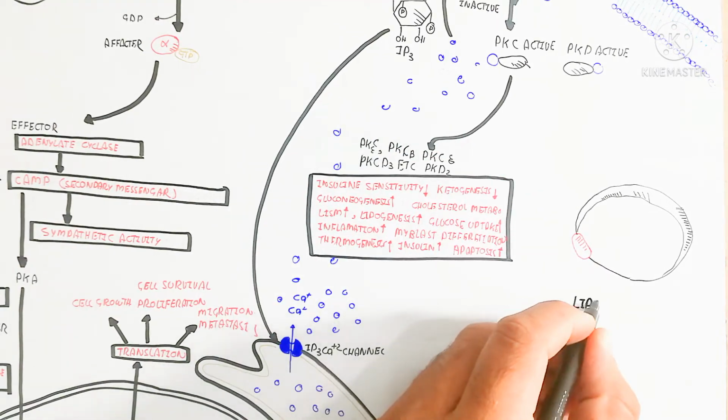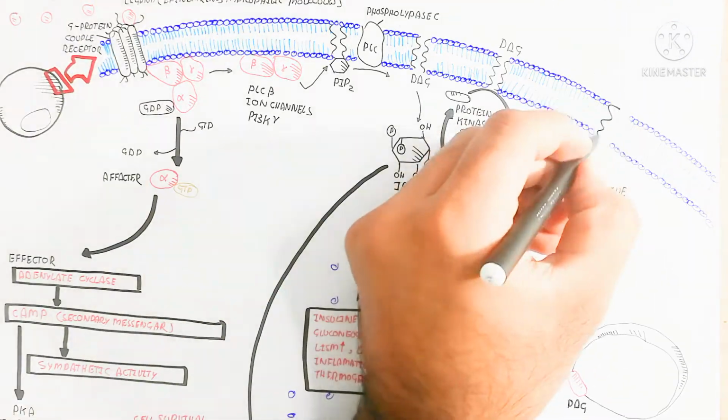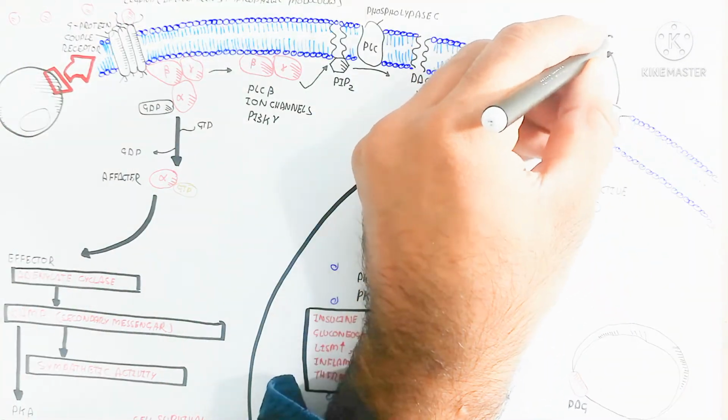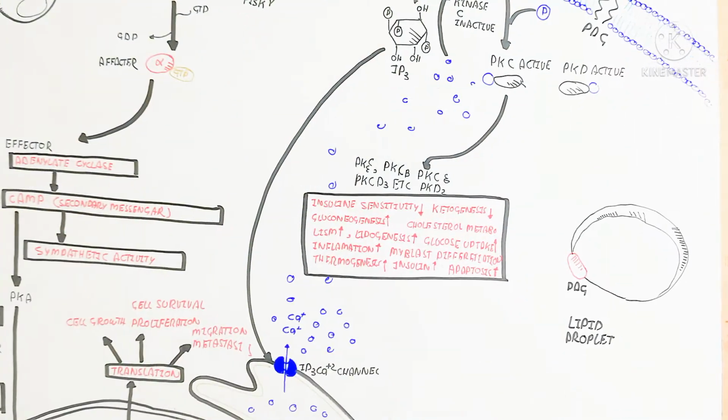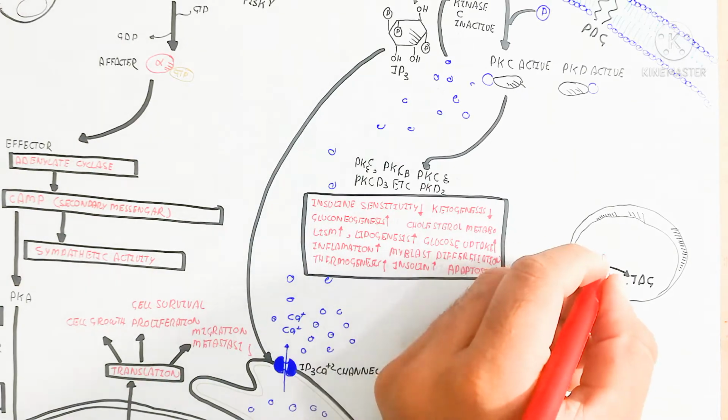In this way, the other mechanism of the DAG, diacylglycerol: this diacylglycerol is also converted into monoacylglycerol. So in this way, here are the lipid droplets.